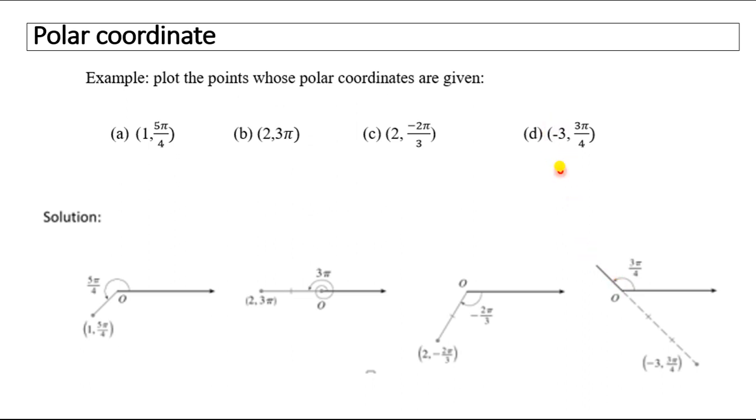Because r is negative, the point does not lie on this line, but on the opposite line. If r is positive, it would be there, but negative, it lies here. This point is the solution.